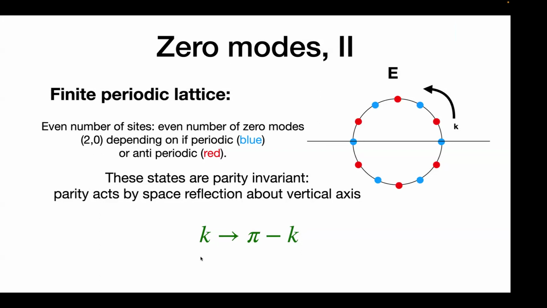The parity here is a statement about k going to pi minus k. So if something is a raising operator and k is positive, pi minus k is also a raising operator. This system relates two types of raising operators to each other, and it is well behaved and has two zero modes.